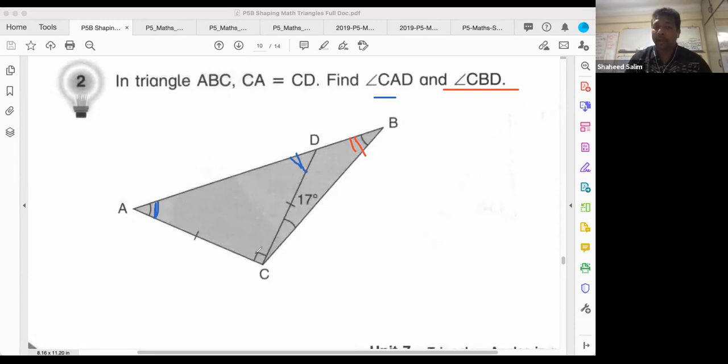So first step, 180 minus 90. What do you get? 90. But 90 is for two angles, not one angle. And this is 90 degrees for both angles. 90 degrees divided by 2, you get 45. So this is 45. This is also 45. You okay? You understand what I'm talking about? Yes, right? Shalina, you understand? Yes. What about this first one now?